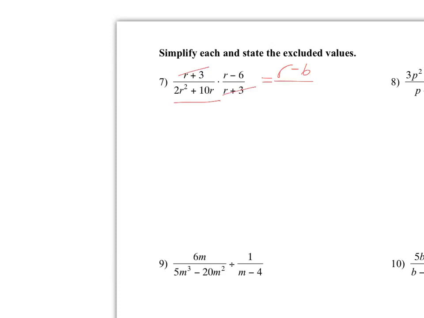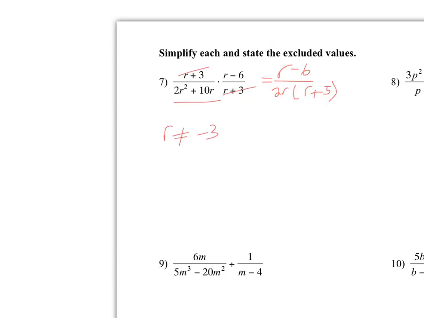So I can see that there's a 2r that can factor out, and then it's r plus 5, it looks like. Okay, even though I factored it, it wasn't very helpful, but it can help me know what the denominator cannot be. So I need to be sure to include those values in there, because at one point in time, r could not be negative 3, so r cannot be negative 3.